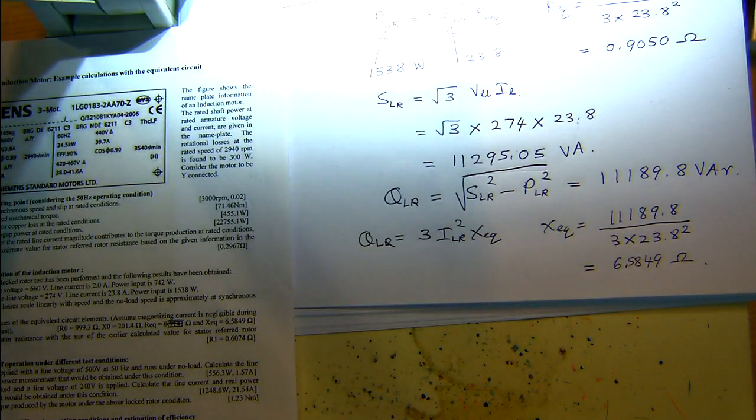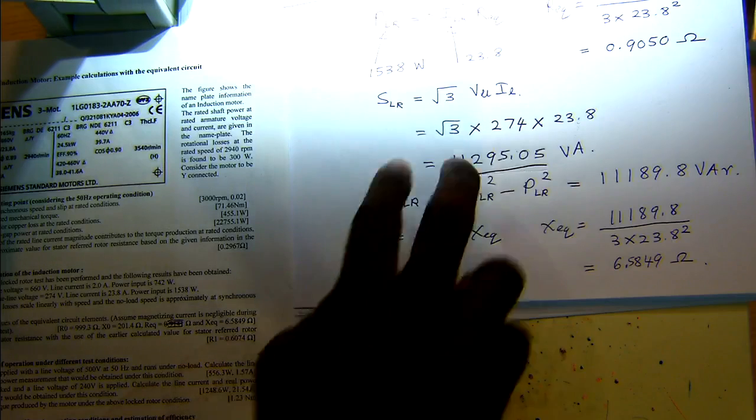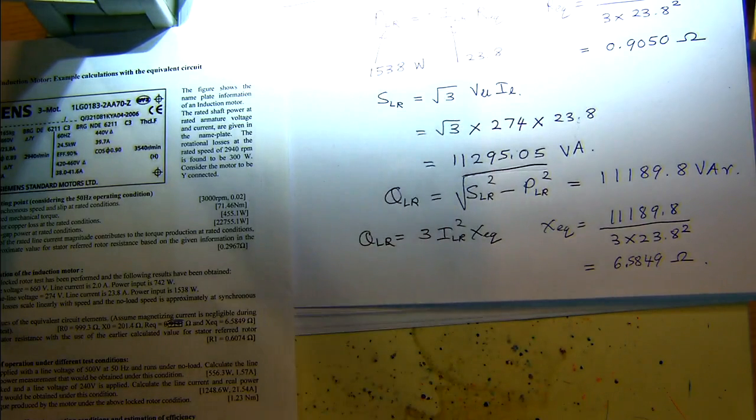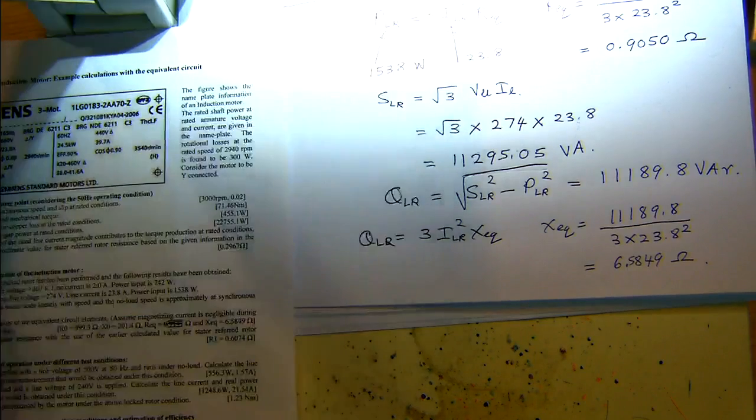That's one of the mistakes. And then the apparent power, you always forget the √3 here, or you put 3 times that as well, and that's one of the other mistakes you can make. So mind the √3s and the 3 times this here.